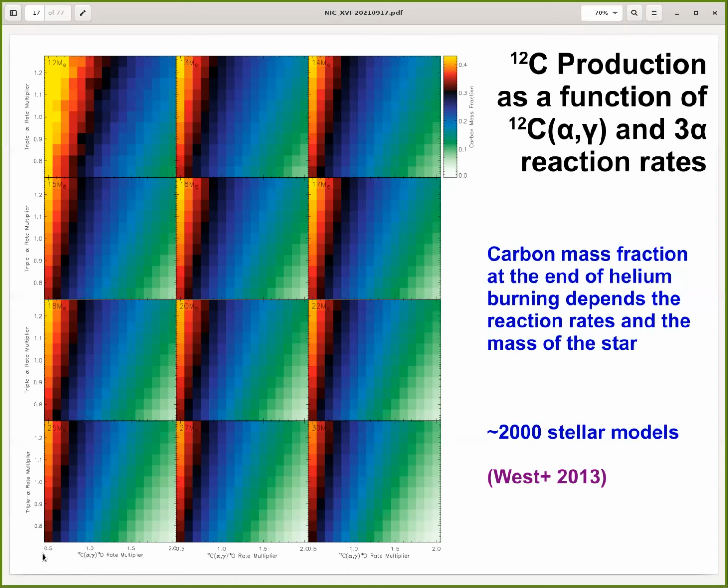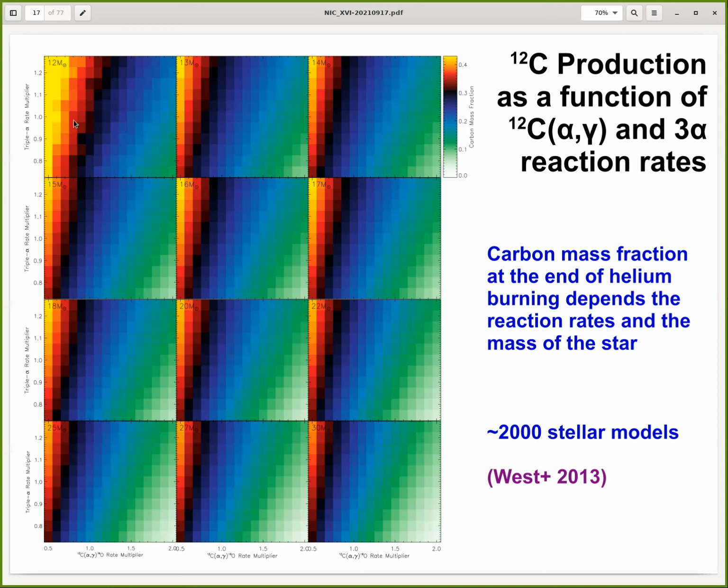And if the C12 alpha gamma rate is faster, you destroy more carbon, so you end up with less carbon. This is what you will see when you go in this direction. So if you have low production of carbon by triple alpha and large destruction by C12 alpha gamma, you make the least amount of carbon, and vice versa. You make the most when it's rigged the other way, so you have the least destruction and the most production.